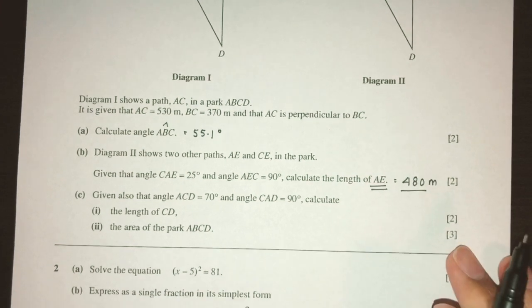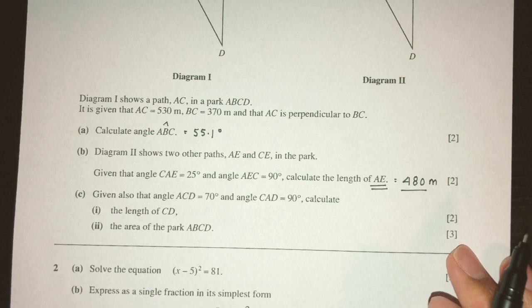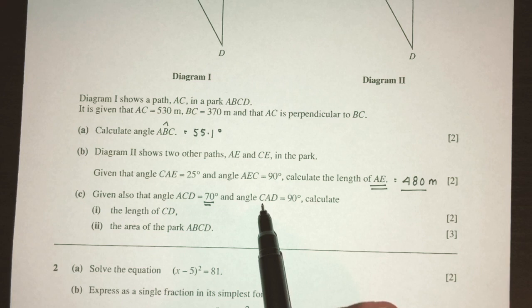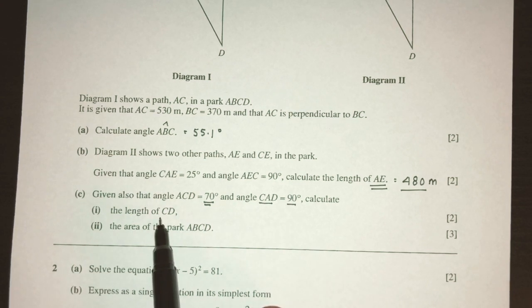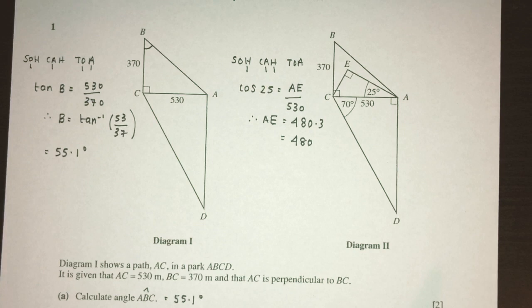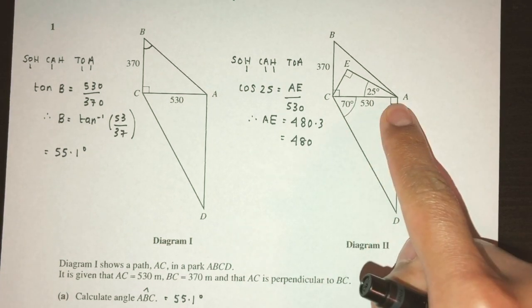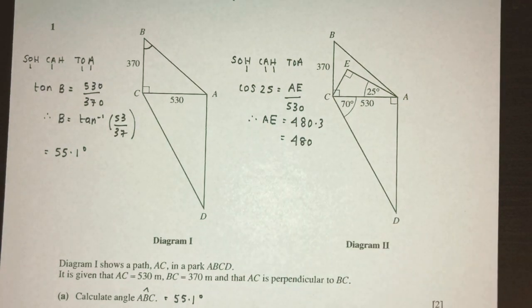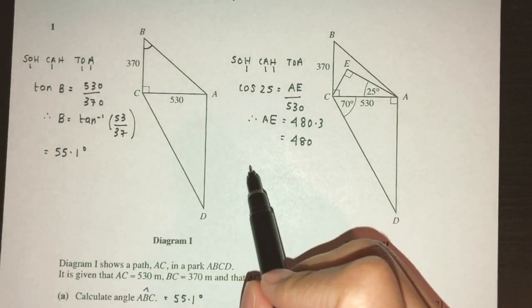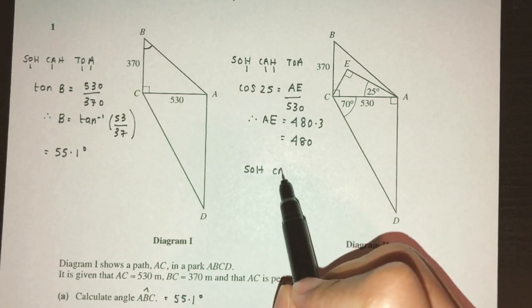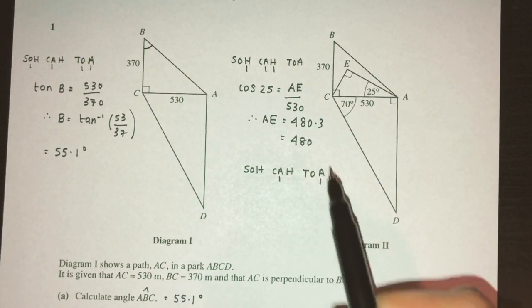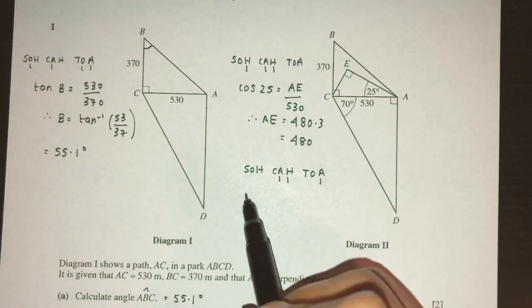That is part B. Now for part C, given also that the angle ACD is 70 and the angle CAD is 90, calculate the length of CD. We know this angle, we know this is 90, and we have to find the length of CD. Again, we have a right angle triangle, so we use SOHCAHTOA to find this side. This is your A side, and we're trying to find the H, so we use cos again.